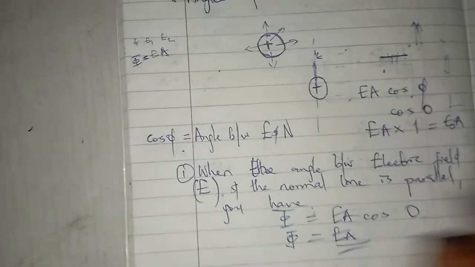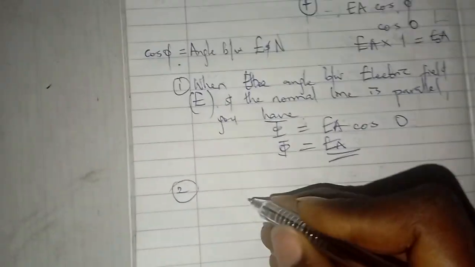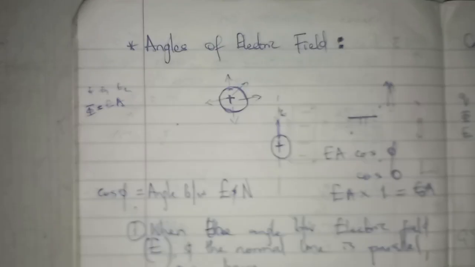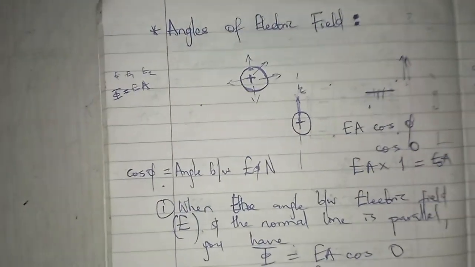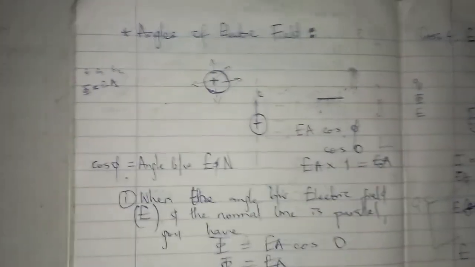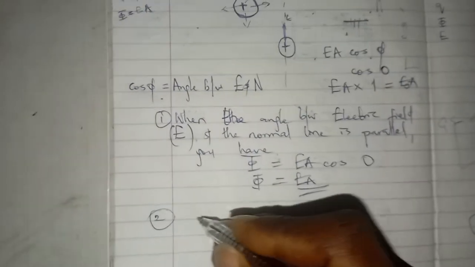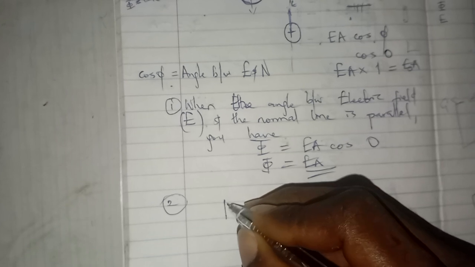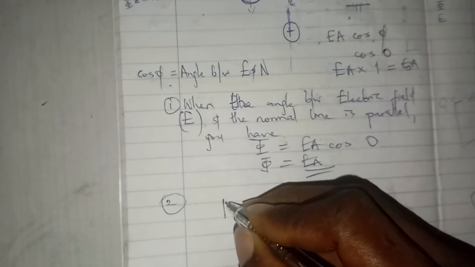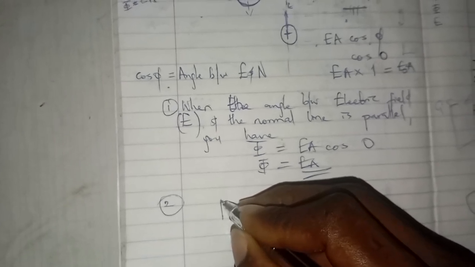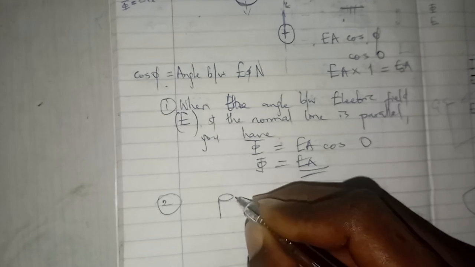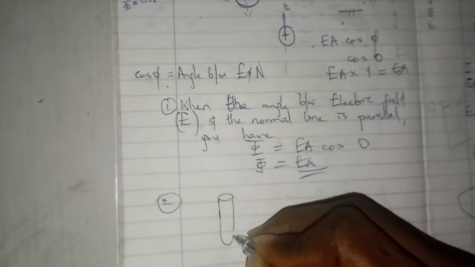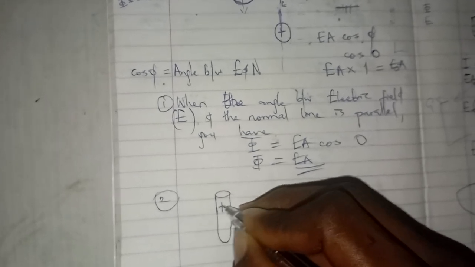Now a second case. Let me still maintain the first example we started with. So let's say I have a second case, and let me use another shape now. Let's say I have a cylinder, in whichever way, let's say I have this. Then I have a point charge here.